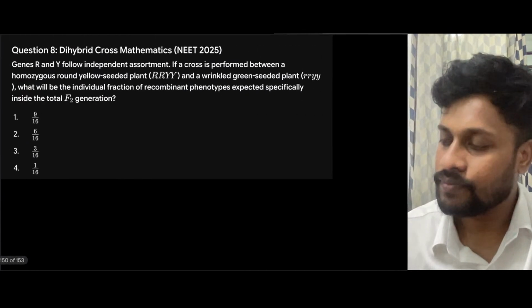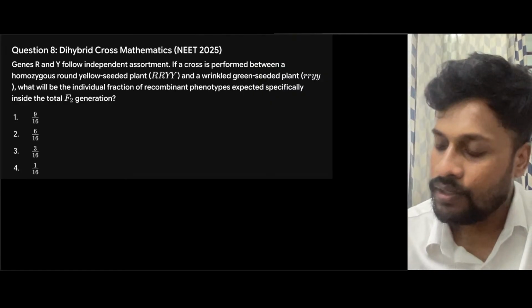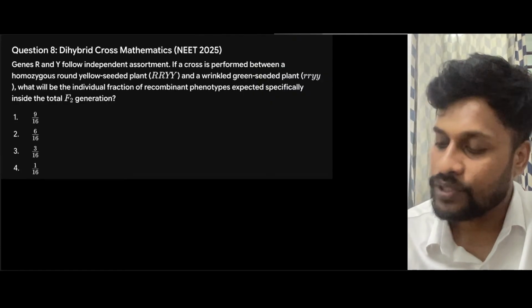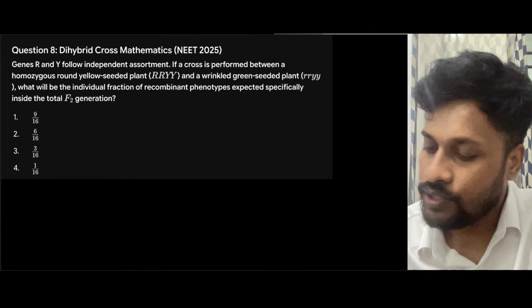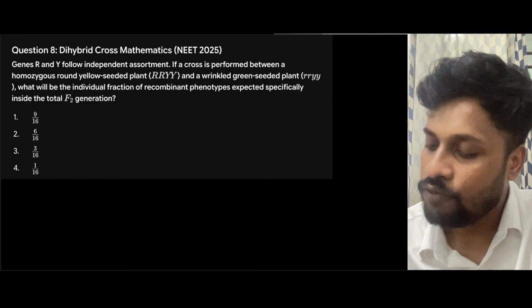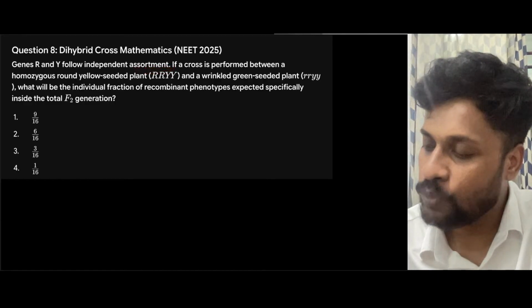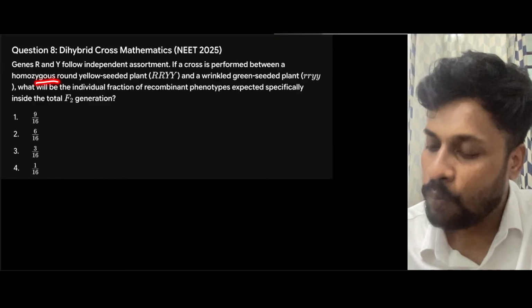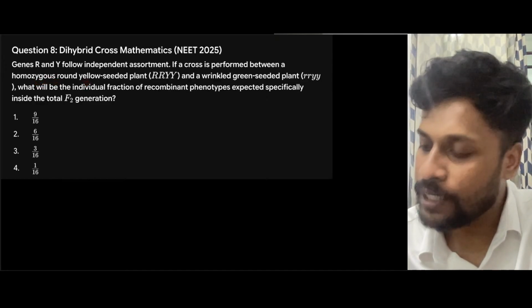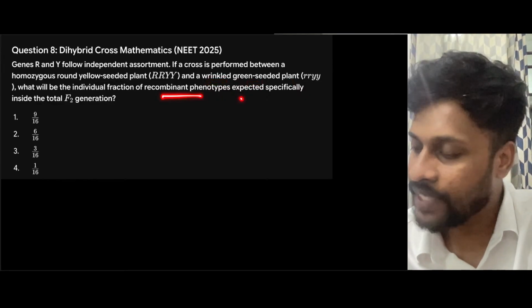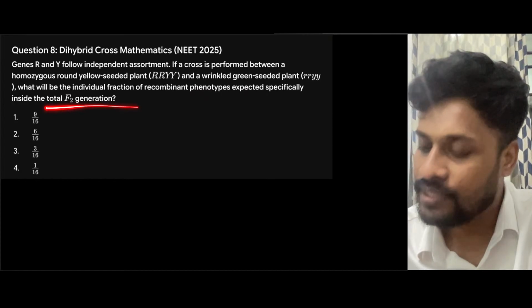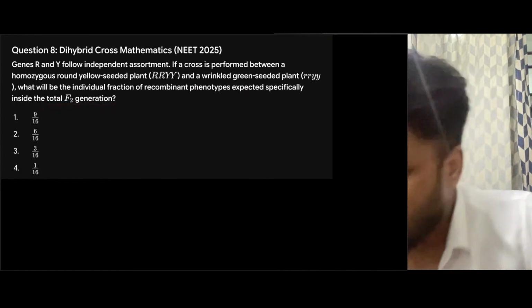Next, it's a very nice question. Gene R and Y follow independent assortment. If a cross is performed between homozygous round yellow seed plant and wrinkled green seed plant, what will be the individual fraction of recombinant phenotype expected specifically inside total F2 generation?